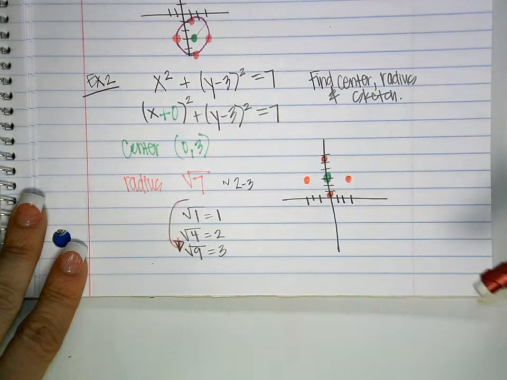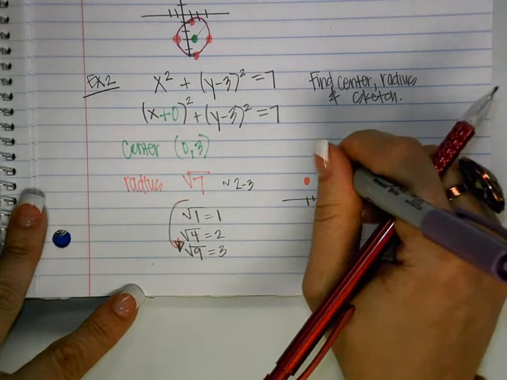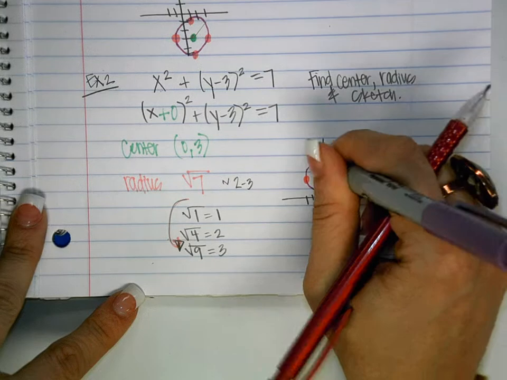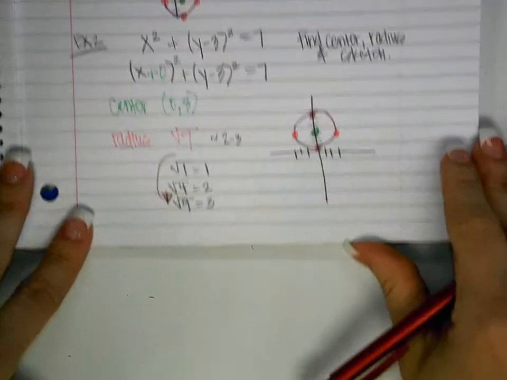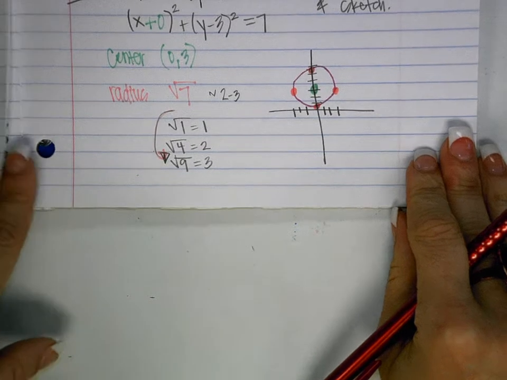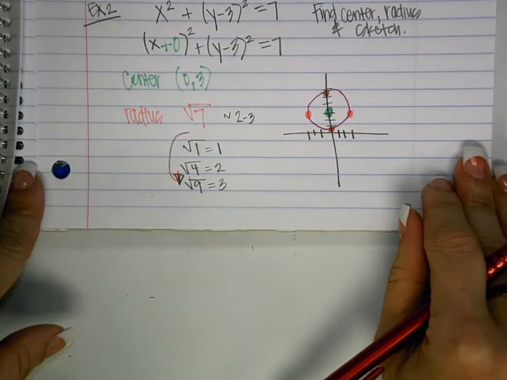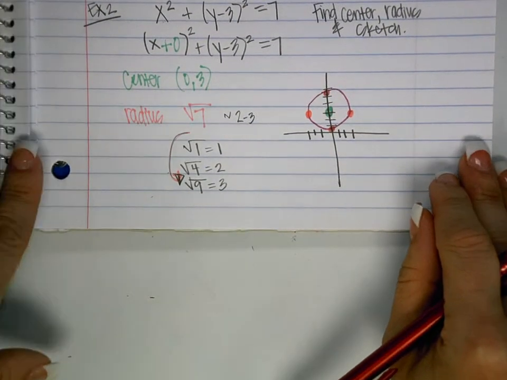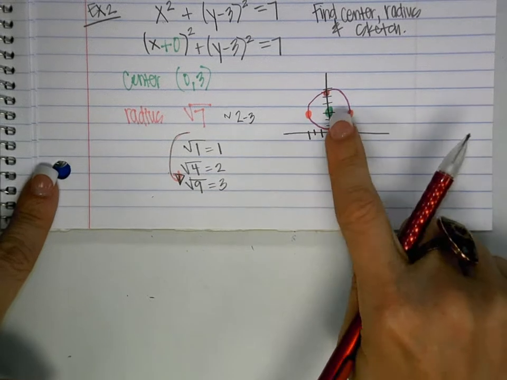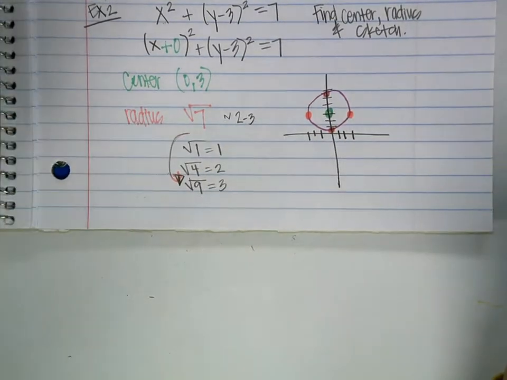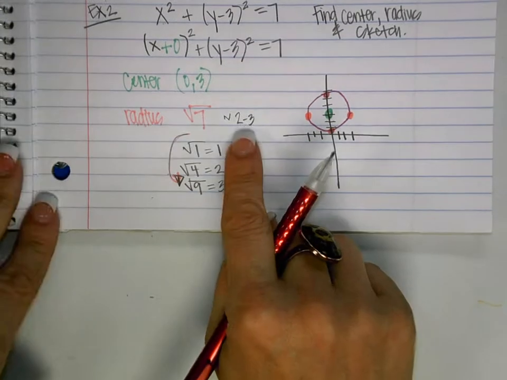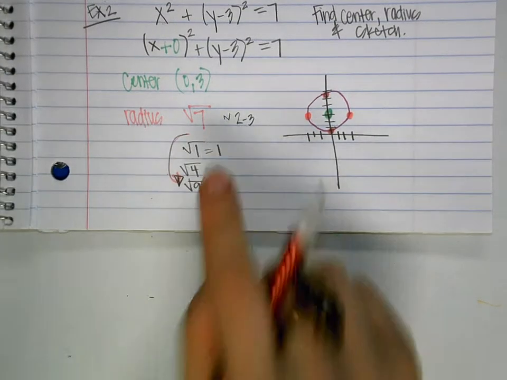Then connect them as best you can with a circle. They don't have to be perfect circles, but make the best drawing you can. Questions on how I did that? Obviously, if your endpoints were way down here and way up there, I would know that doesn't make any sense. So we're just approximating for the radius.